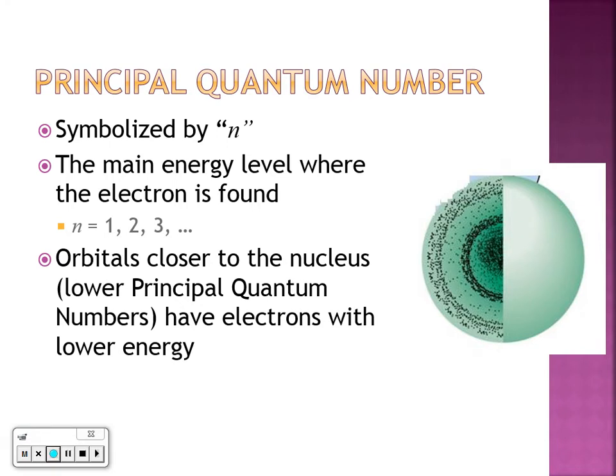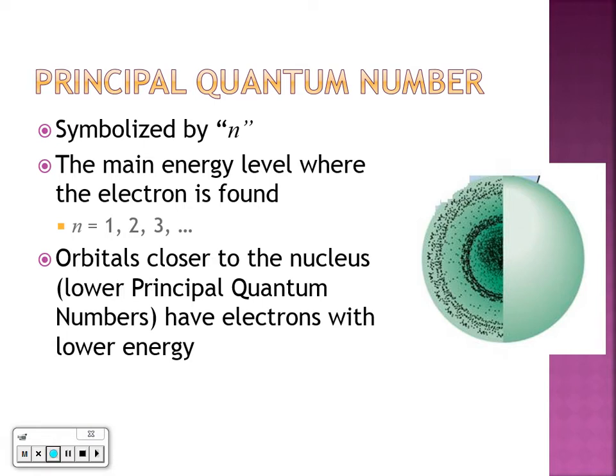Orbitals closer to the nucleus, ones that have lower principal quantum numbers, have electrons with lower energy. Good so far?